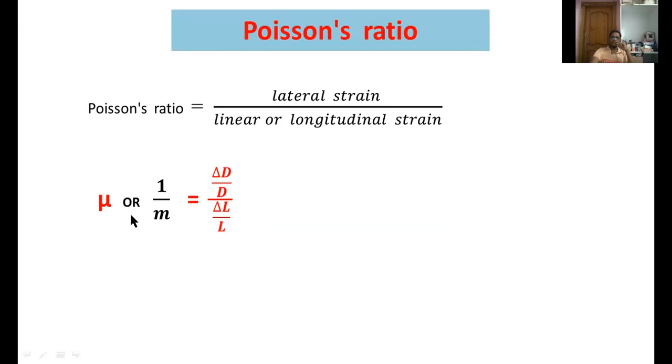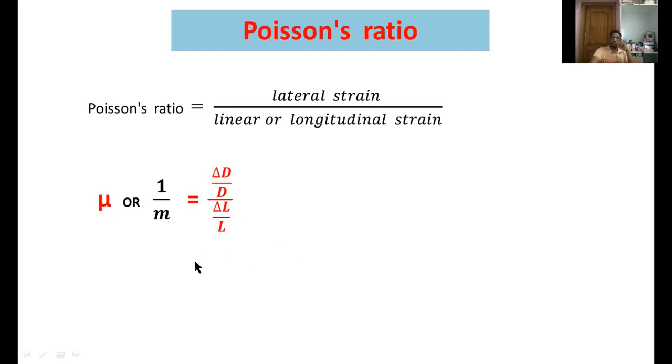Okay, this is the symbol for Poisson's ratio. Here the numerator has delta d in mm or meter and the denominator d also in mm or meter, so there are no units for lateral strain as well as for linear strain. In the numerator and denominator there are no units, so Poisson's ratio also has no units.